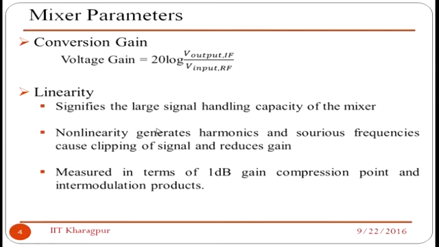And the linearity, that is the most important part of a mixer design. If you have three parameters in hand while designing a mixer, one is the linearity, second is the gain, and third is the spectral purity, which one would you give as the most important? I would say that spectral purity is my first priority rather than the gain of the system.